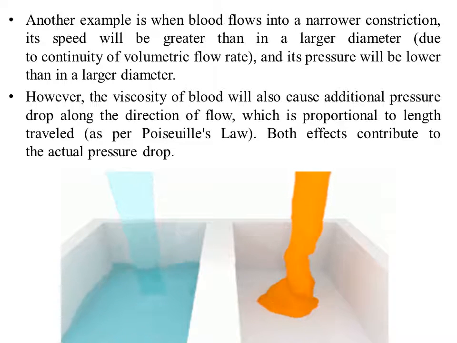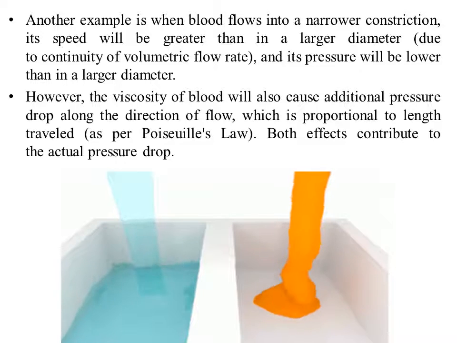Another example is when blood flows into a narrow constriction. Its speed will be greater than in a larger diameter, and its pressure will be lower than in a larger diameter. However, the viscosity of blood will also cause an additional pressure drop along the direction of flow, which is proportional to the length traveled as per Poiseuille's law.